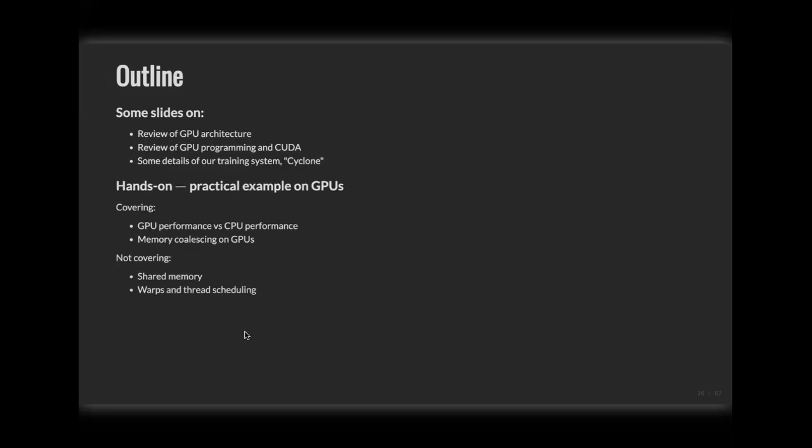So what I won't cover is some important features of the GPU, which are shared memory and thread scheduling. We wouldn't really have enough time for me to get into that. But I will cover these basic things, which I guess are needed for any first GPU program.